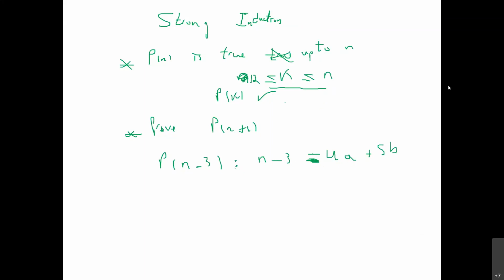Can anybody guess what's the next step that I want to do? Remember, we want to prove that n plus 1 has its own a and its own b. What's the difference between this and this?